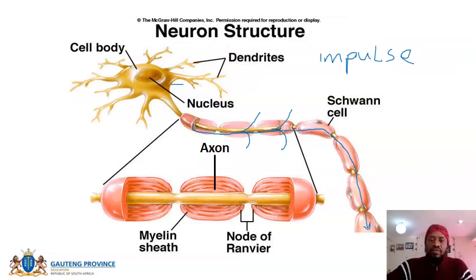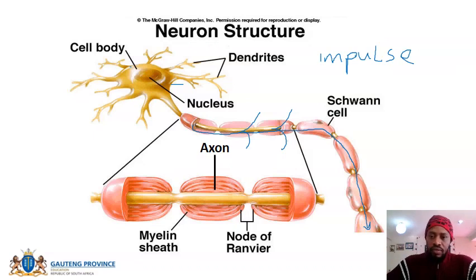So if you were to be asked the function of the myelin sheath, it will be to speed up the impulse, because it keeps the whole integrity of the impulse within the axon, since the myelin sheath is not a conductor.